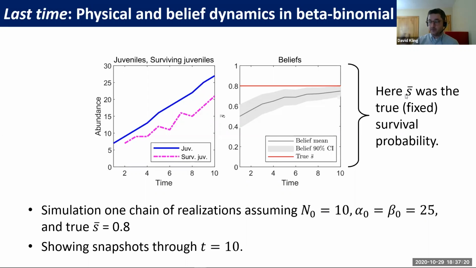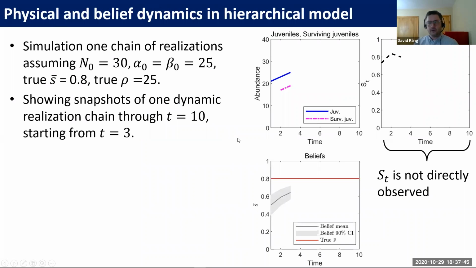But now we're generalizing it: it's not fixed, and we're learning about the process that generates those survivorship probabilities. What I showed before is a typical pattern of your beliefs evolving, your point estimate and confidence around that over time as you get more data. I'm going to show that again for the full model that I coded up, the dynamics under the hood of Mike's approach.